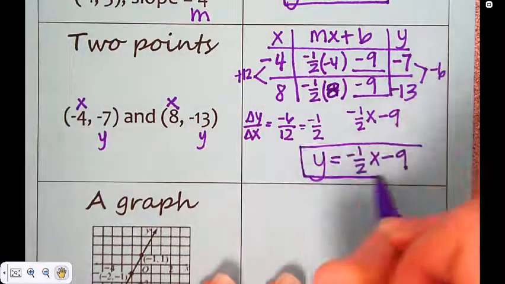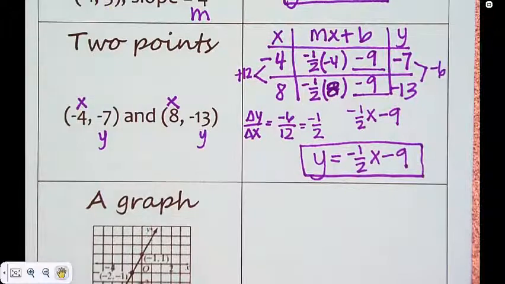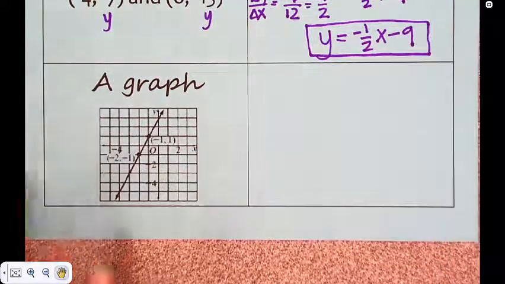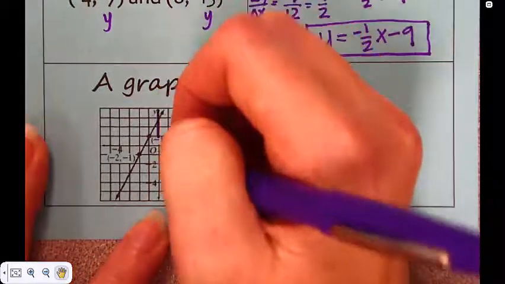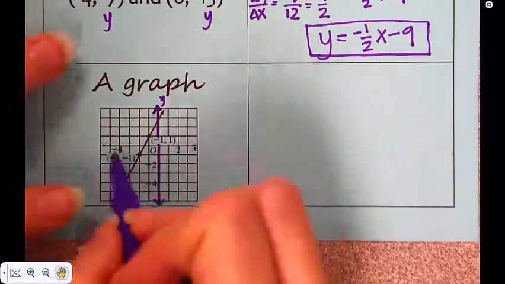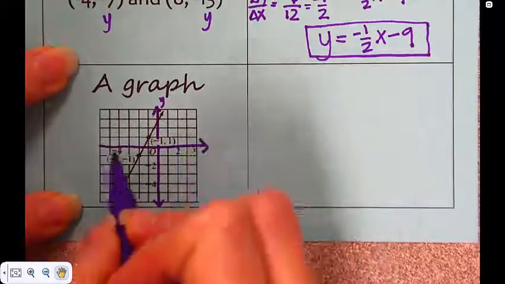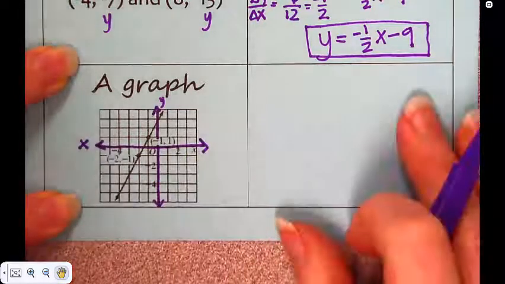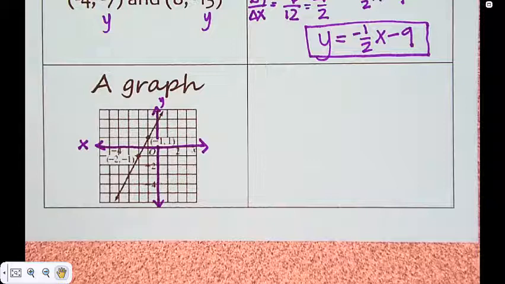And now let's look at our graph. On our graph, it may be a little difficult for you to see, so I'm going to go ahead and highlight that this is our y-axis here, and this is our x-axis here. Okay, and so we are going to find our equation of our line based on what we've learned about graphing lines.